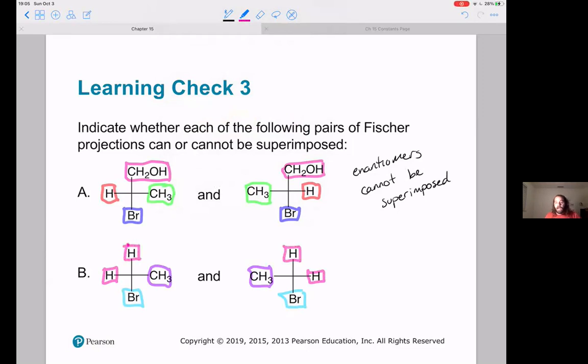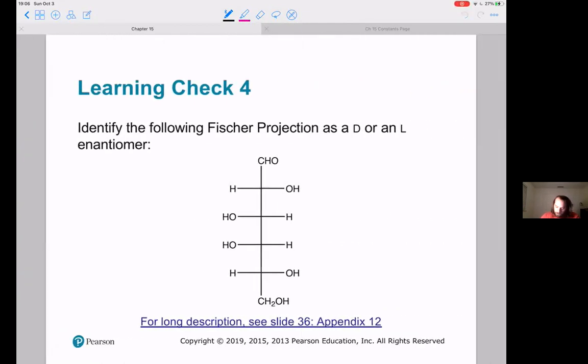So this is not a chiral center, which means that this molecule is achiral and indeed can be superimposed. They're actually just different representations of the same molecule, right? And we can tell right off the bat that they're not going to have any weird business about being superimposed because it was achiral. Because right off the bat, we could tell that these carbons were not bound to 4 different groups.